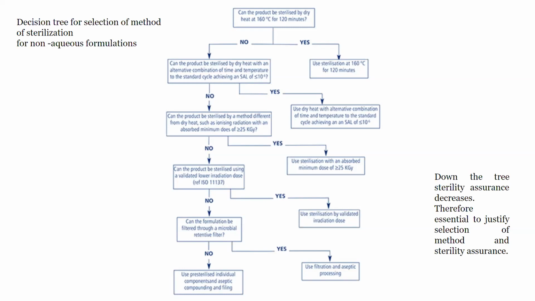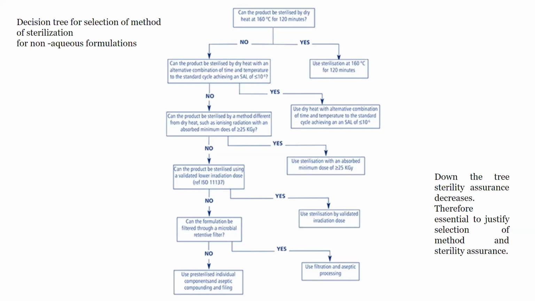So thus, a non-aqueous formulation can be sterilized first by dry heat, if not possible, radiation, if not possible, filtration, and if that is not possible, aseptic processing is the last option to manufacture sterile products.